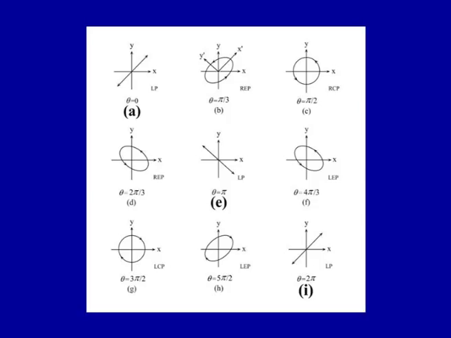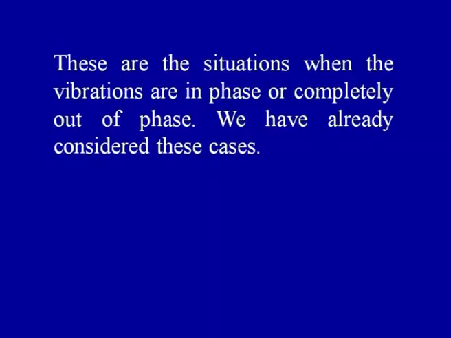The E corresponds to theta equal to pi, they are completely out of phase, a phase difference of half a vibration, and I is again when the phase difference is 2 pi, which essentially means phase difference is 0. These are the situations, as I pointed out earlier, when the vibrations are in phase or completely out of phase. We have already considered these cases.